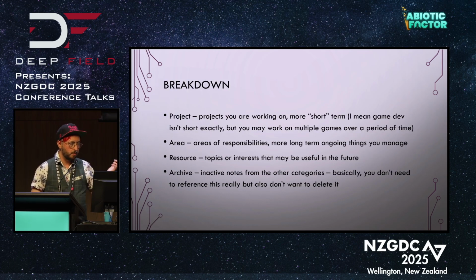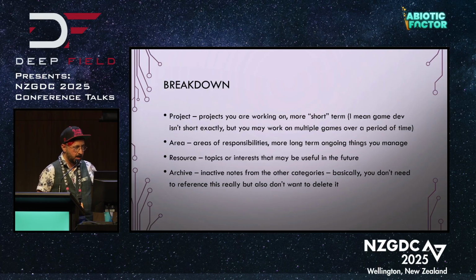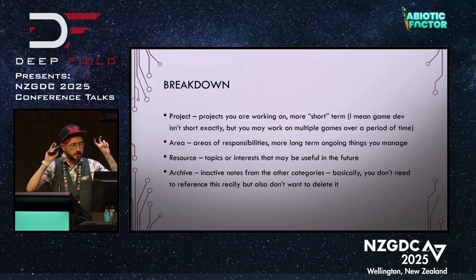So let's break down what those things are. Projects are things you're working on that are more short term. And while game dev isn't short exactly, making a game, you may work on multiple games over a period of time. Maybe you want to split your projects into, I guess you could split it into features on a game, but anyway, it's short term.